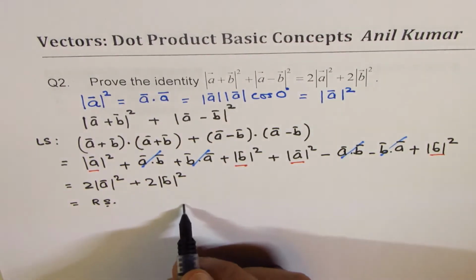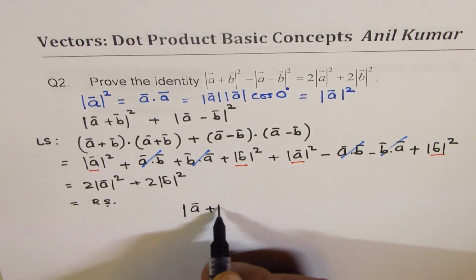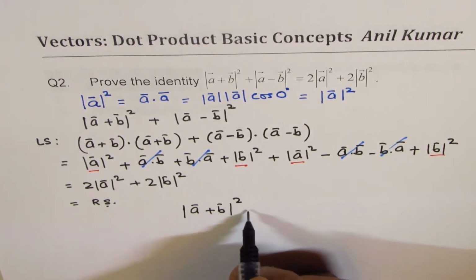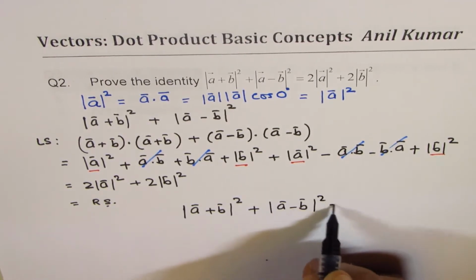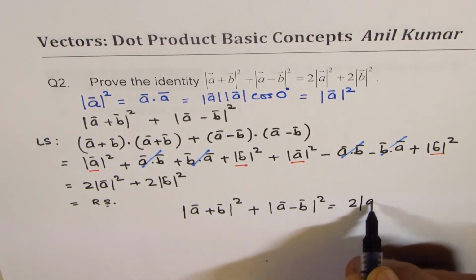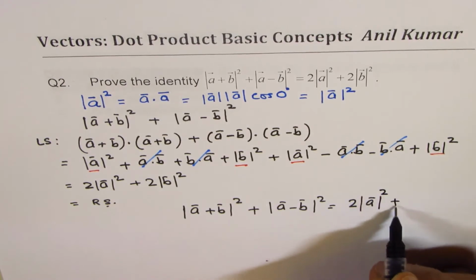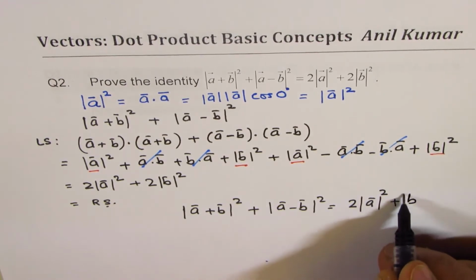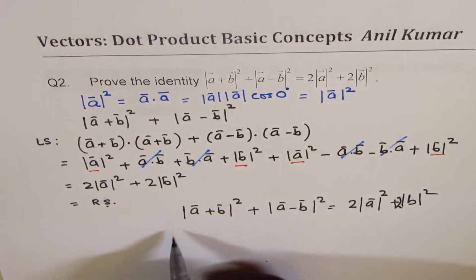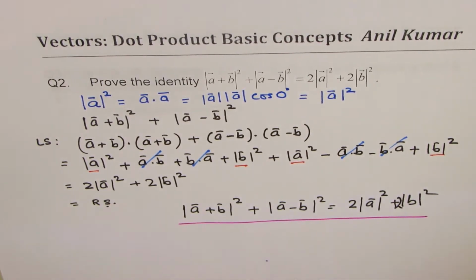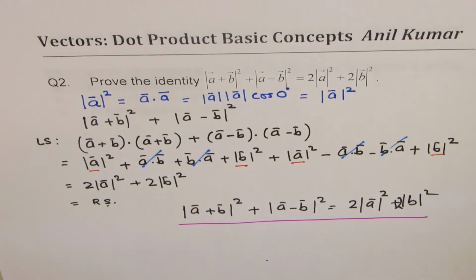And therefore we can say that the sum of the squares of the magnitudes of their sum and difference is equal to twice the sum of their magnitude squares, right? Like this, 2 times. So that is how you could prove it. So I hope it is absolutely clear, right?